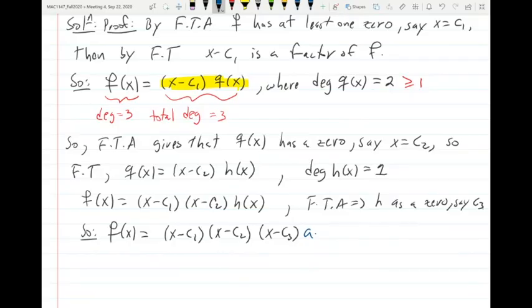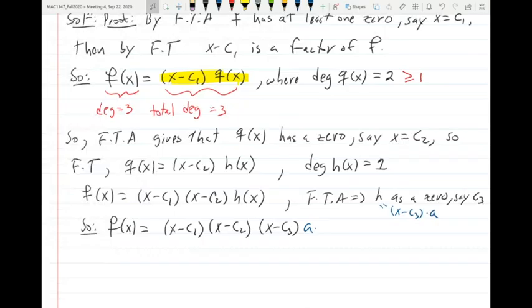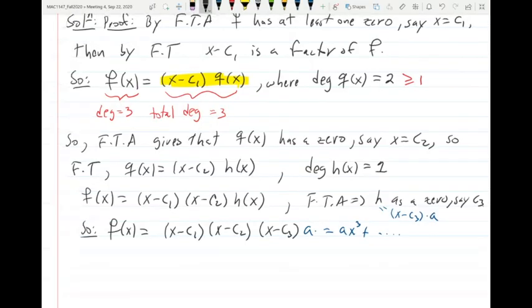So h is x minus c3 times a. Now, what do we know about a? Notice that if you multiply all of this, it is equal to a x cubed plus lower degree terms, and our polynomial is supposed to be the same as x cubed plus x plus 1, right?